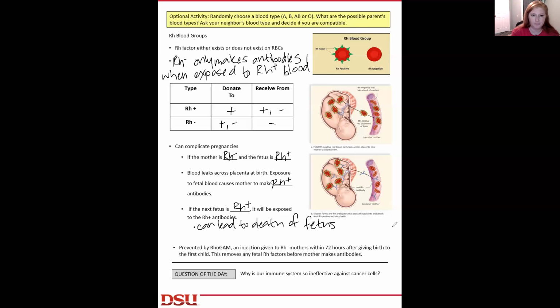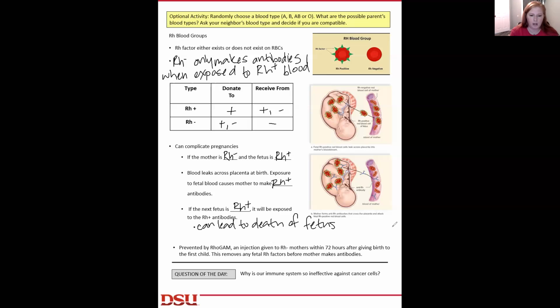So what do they do about it? Well, ladies, it's fun. There's something called RhoGAM, and it's an injection that's given to RH negative mothers. It's given within 72 hours of giving birth. And what it does is it removes any of the RH factors that may be there so that the mom's body does not make antibodies.